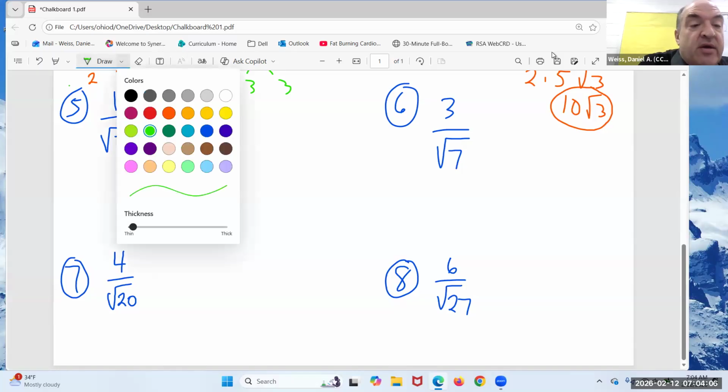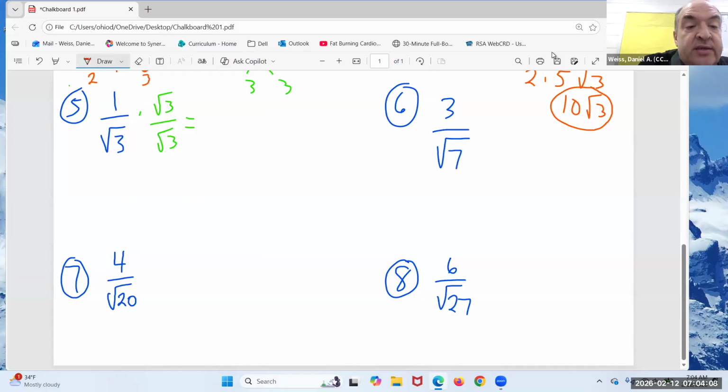What do you have? Your answer is now 1 square root of 3, or you can write the 1 or not, over square root of 3 times square root of 3, which equals 3, right? And that's your answer. You can have a square root on top. You just can't have it on the bottom. Why? I don't know. But that's your answer.